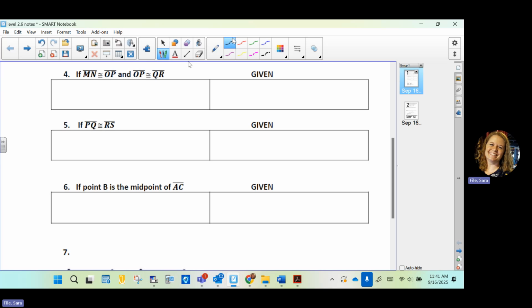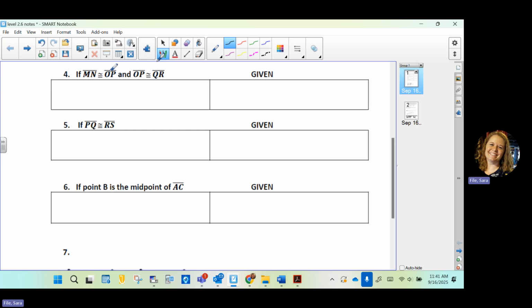Number 4 says, if this is how we read it, remember, it has the segment bar above it. So we read it as segment MN is congruent to segment OP, and segment OP is congruent to segment QR. So if we know both of those things, do y'all see how OP is used in both of those congruent statements?